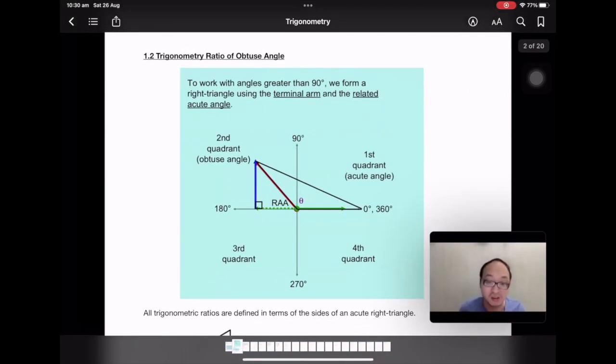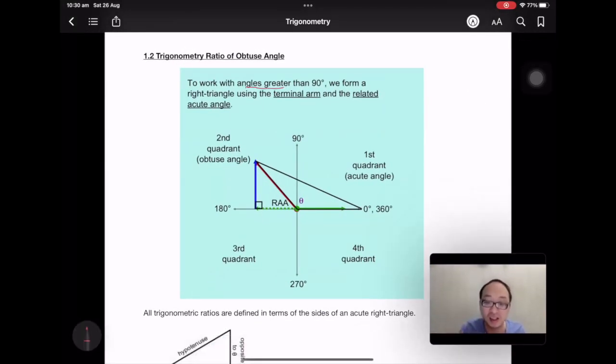An obtuse angle means the angle is greater than 90 degrees, so between 90 and 180. So the angle lies in the second quadrant. An obtuse angle is the angle in the second quadrant, greater than 90 but less than 180 degrees.